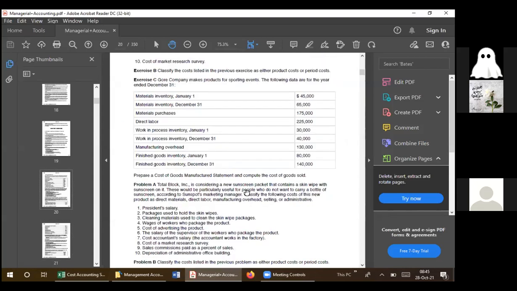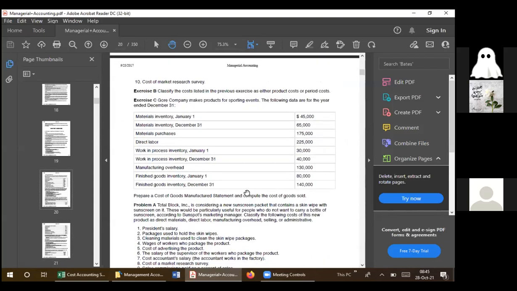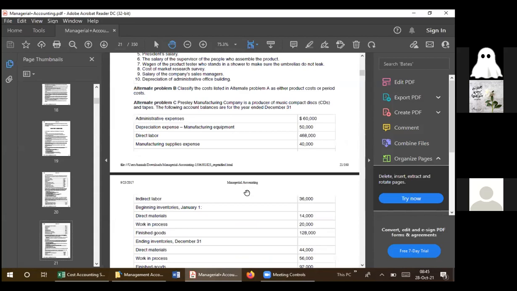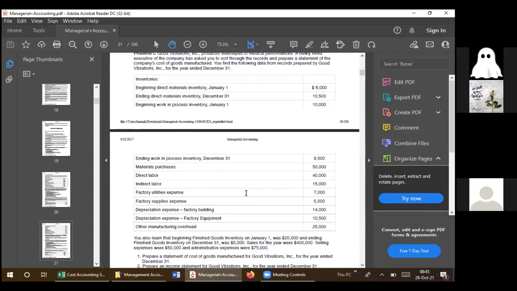Last one was exercise C on page 20, on the bottom.